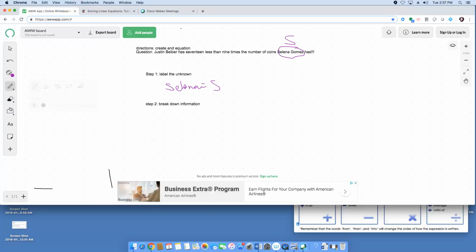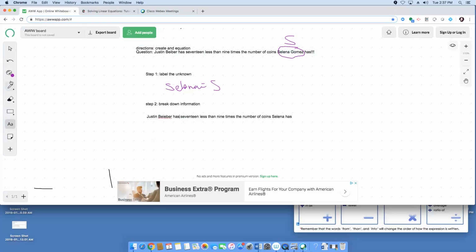Now step 2, we're just going to break down the information. Let me go ahead and retype this because I haven't figured out how to copy and paste yet. Justin Bieber has 17 less than 9 times the number of coins Selena has. Same usage, has, is.